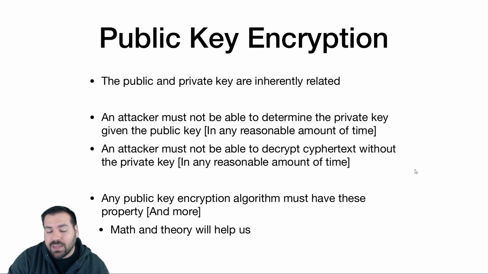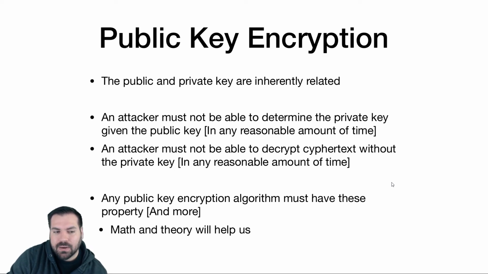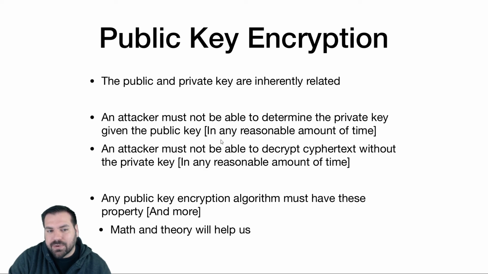Somebody with the public key should not be able to generate your private key. Now, they're mathematically linked, so this is possible, given a public key, to generate the private key. And it is possible to take a ciphertext and a public key and generate the plain text message.